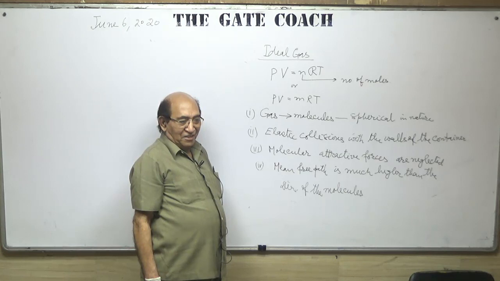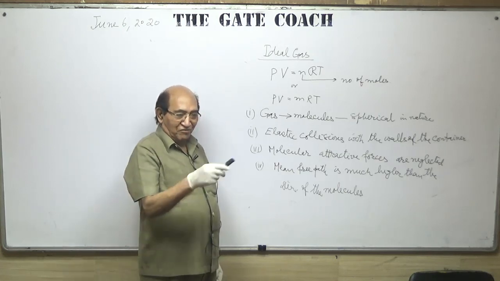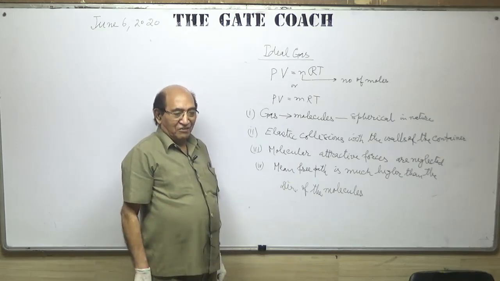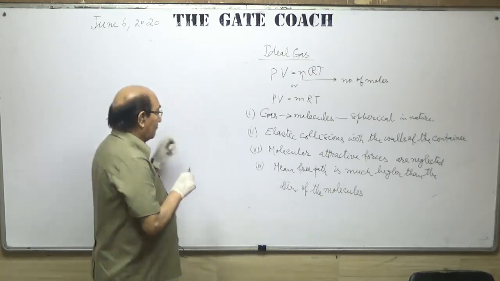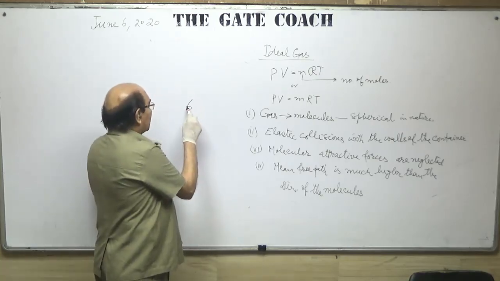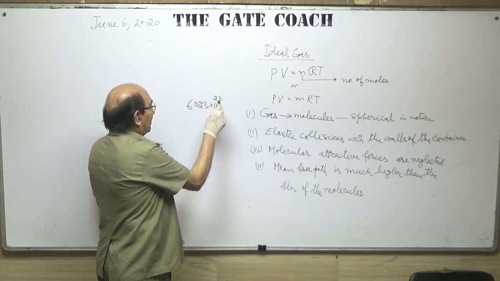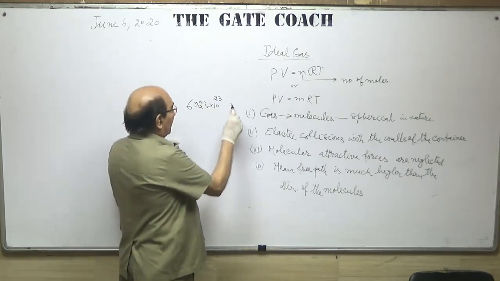At normal temperature and pressure in a given volume, all gases shall have equal number of molecules. 6.023 into 10 raised to the power 23 number of molecules in a given mole.